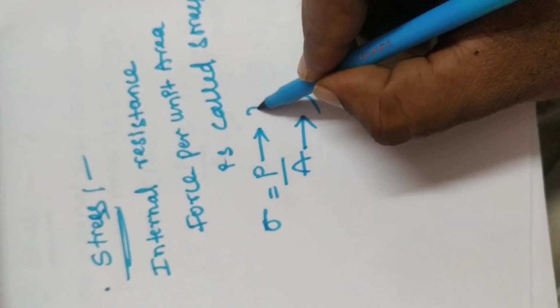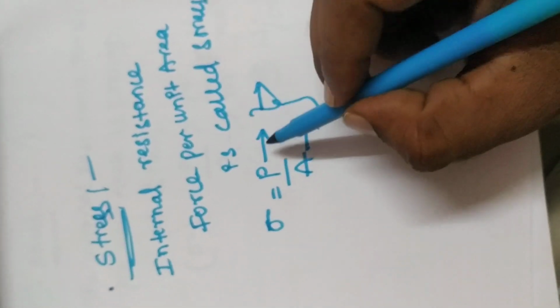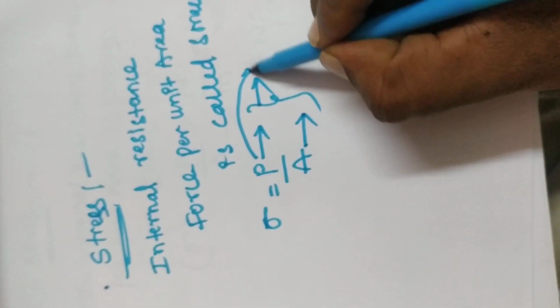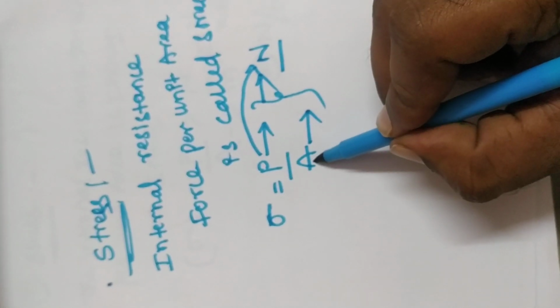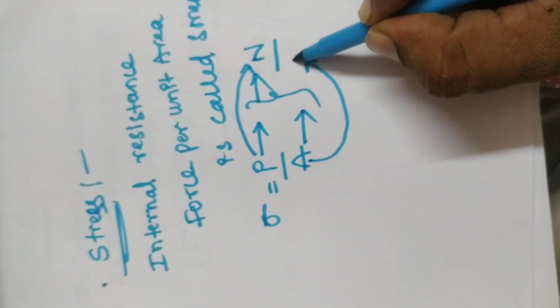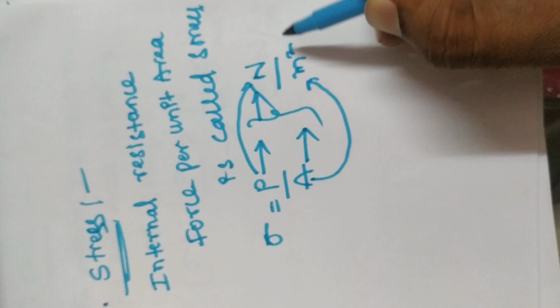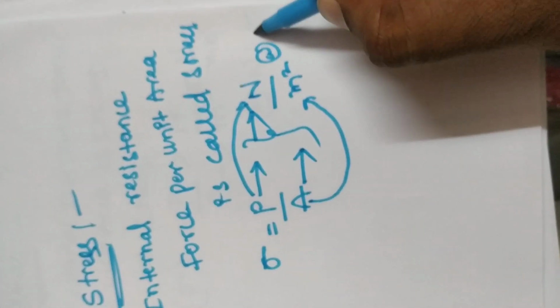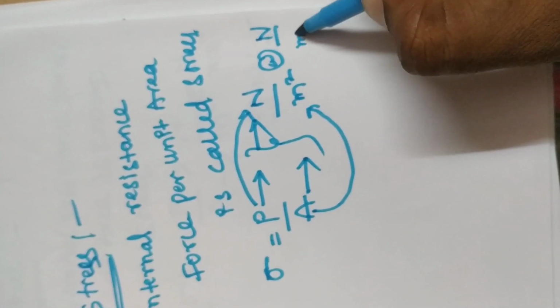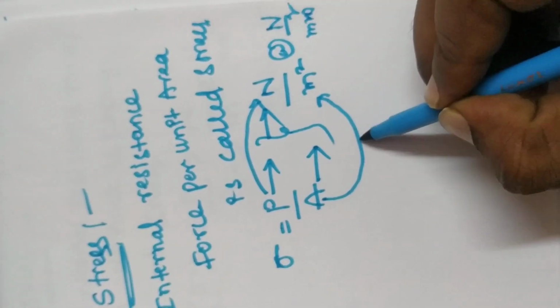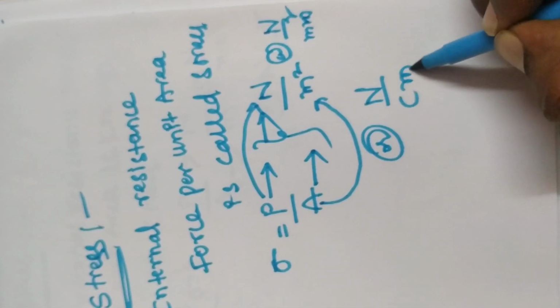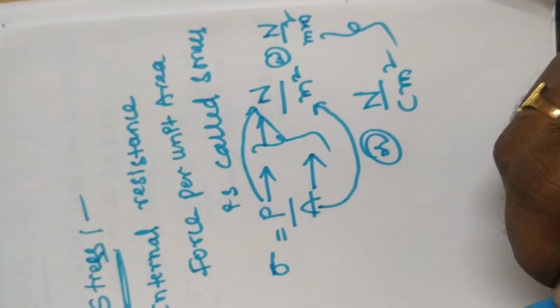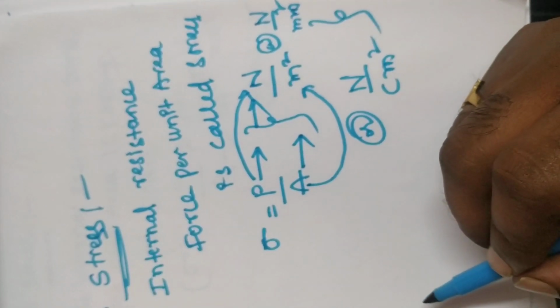Units for stress: P means load, so load units are newtons. The next one is A, area, so area units are meter square, or mm square, or centimeter square. So these are the units of stress.